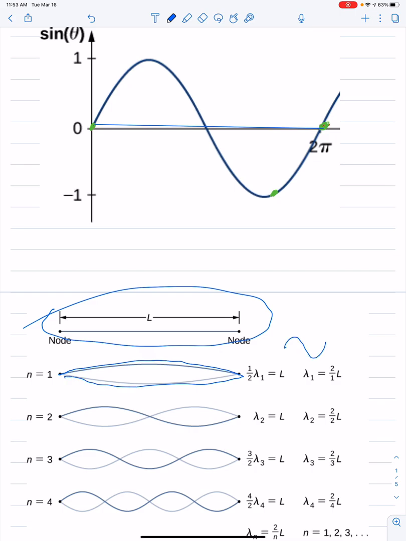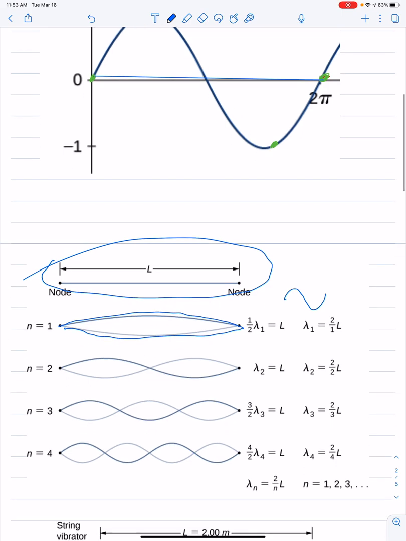Okay? Now, we also have this situation right here where it's one full wavelength and then another full wavelength. So now we're counting for two. Do not misrepresent this as nodes and antinodes. We have that confusion.